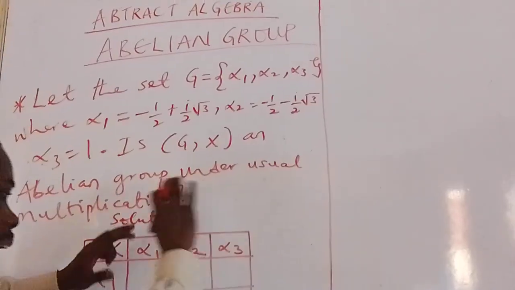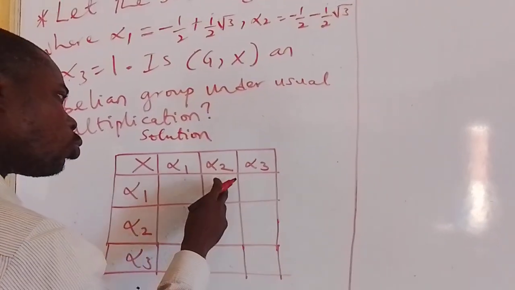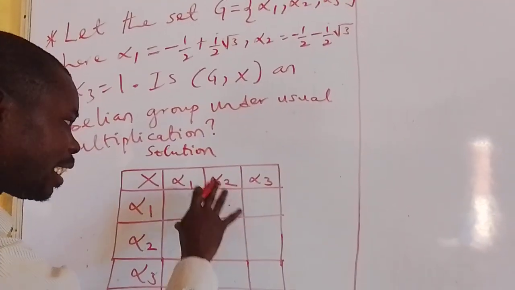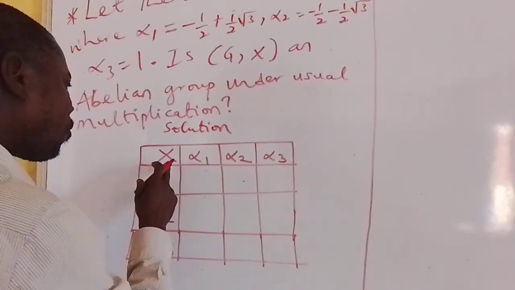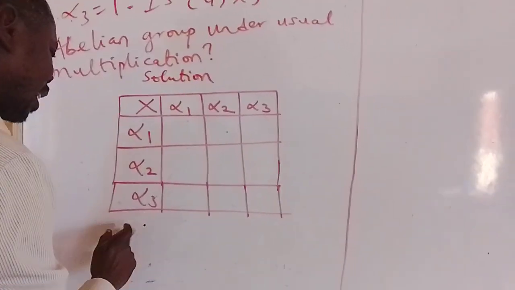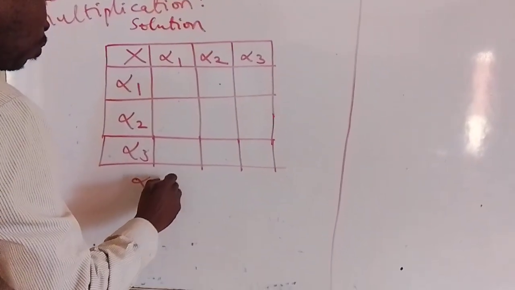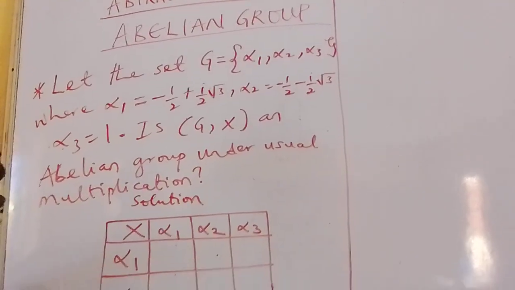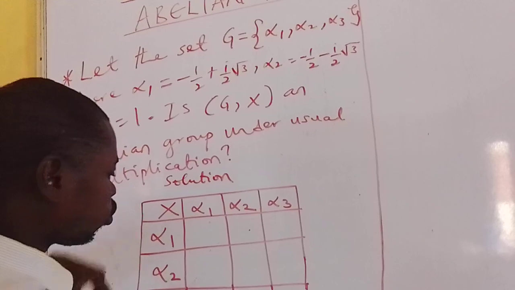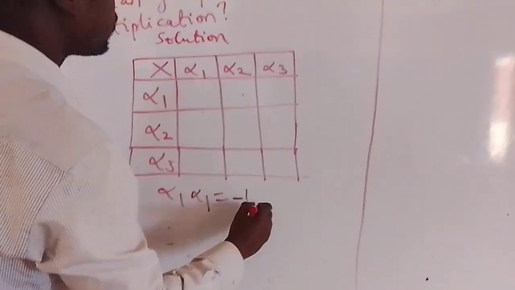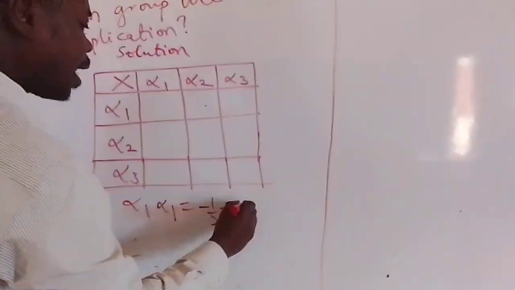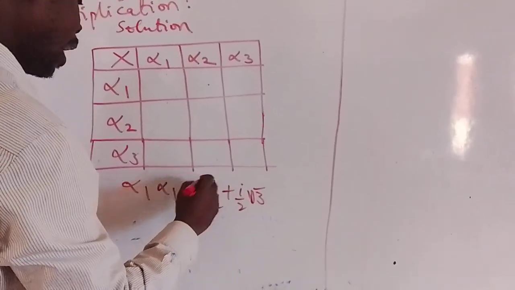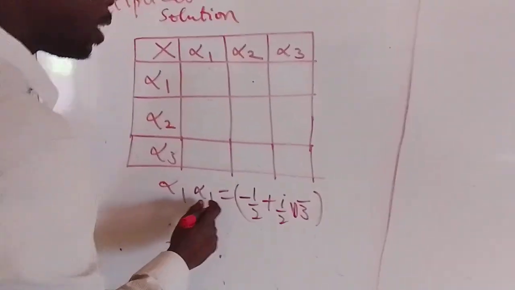So how do we now get the result? We are having 1, 2, 3, 4, 5, 6, 7, 8, 9 cells. We need to fill in this gap by performing this operation. So let's say alpha 1 times alpha 1. From the context, our alpha 1 is equal to minus half plus i over 2 root 3, then multiplied by alpha 1.